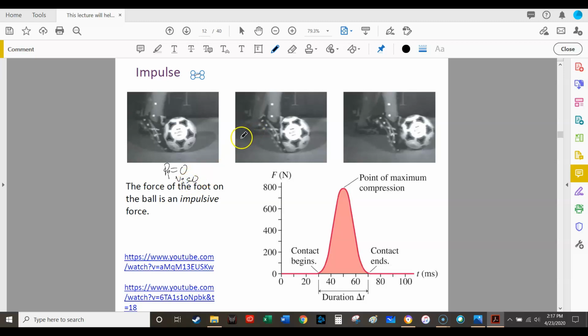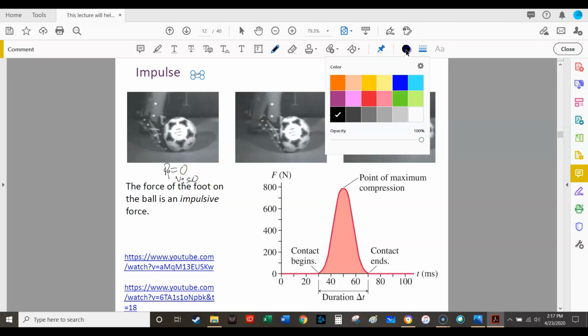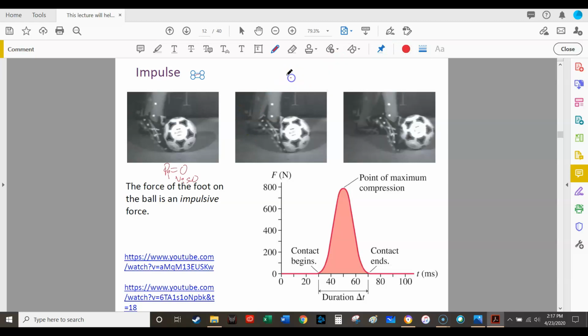If somebody says your initial momentum is 0, that has to mean that your initial velocity is 0. Okay. Well, now this foot is going to start pushing it. So it's going to apply a force to this guy, right? And we'll say this force is a constant force. Well, the foot is now hitting this, okay?